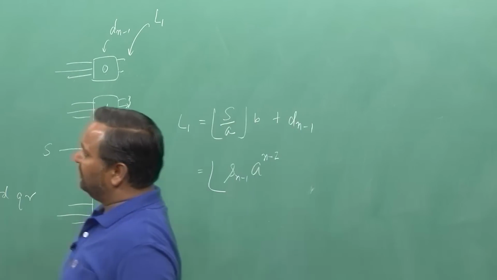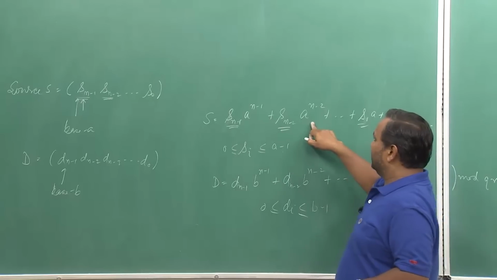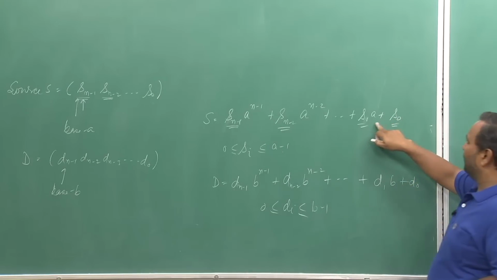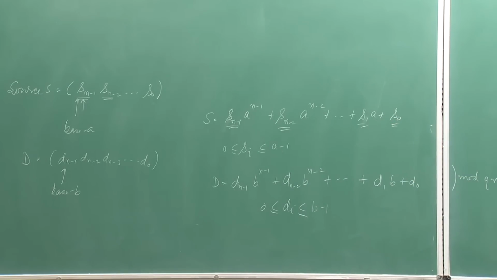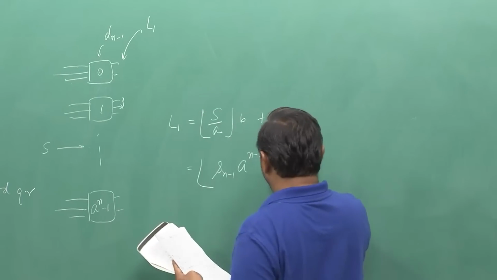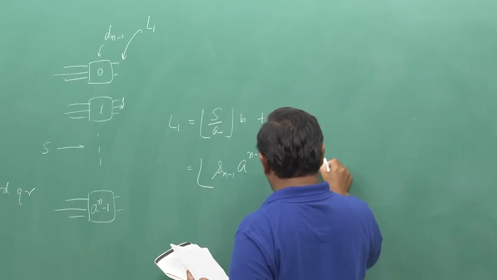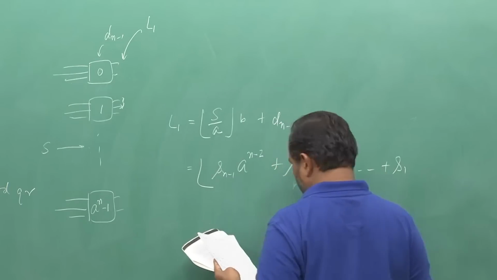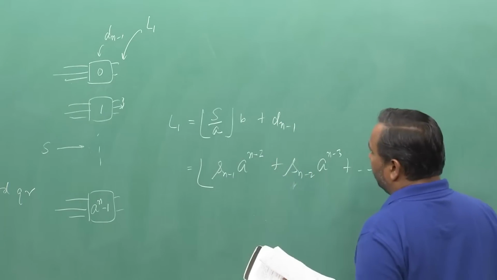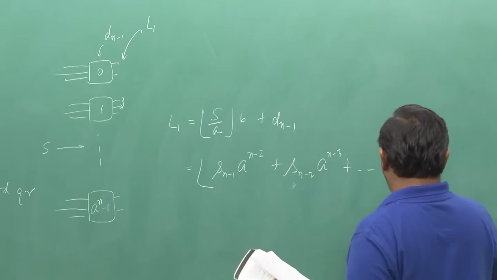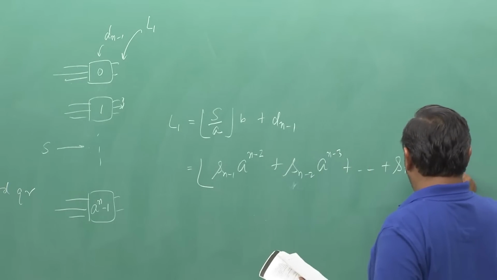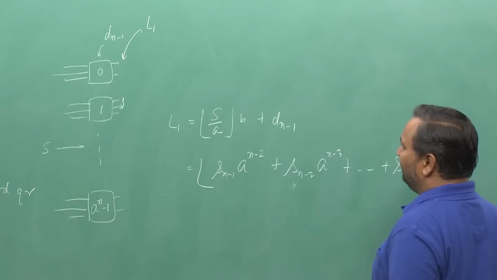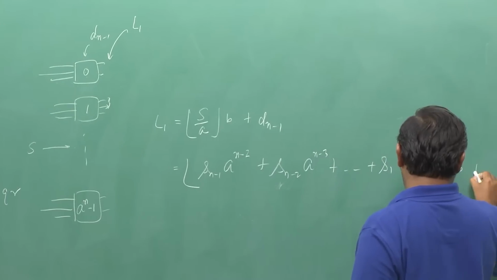So, this n minus 1 will become n minus 2, this will become n minus 1, this will go away, and S0 by A will be left in the end. So, I will also have S0 by A, and I have to take the floor function of this.